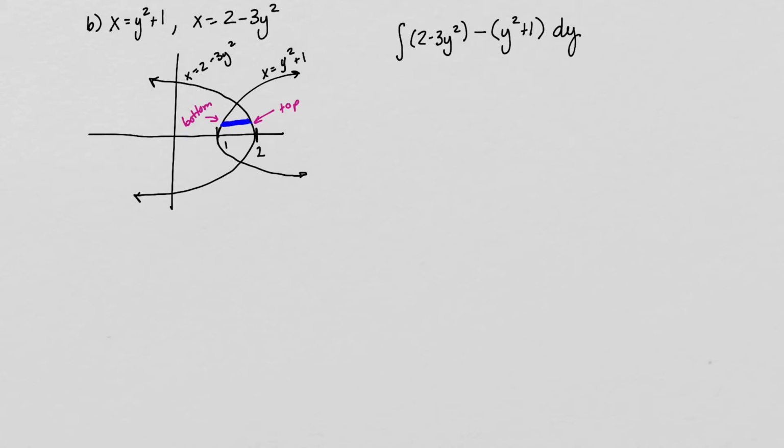The area of a rectangle is base times height. So the height is represented by this difference. This is the height. And the base is just a tiny little sliver, so we think of the base as a dy or a dx. So this is the height times the base, or length times width.